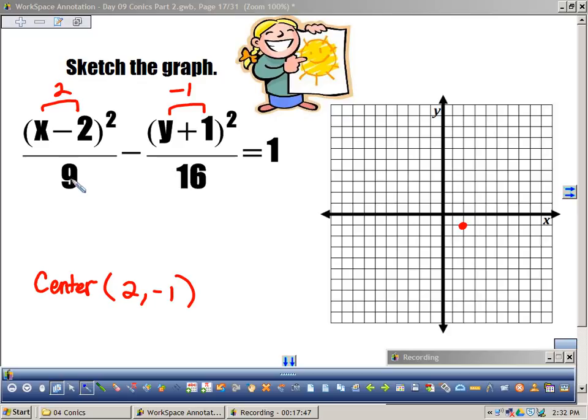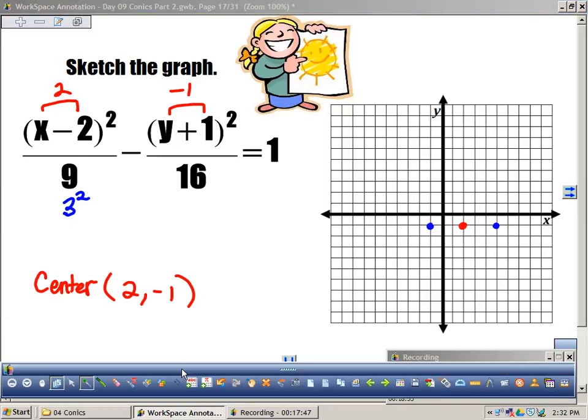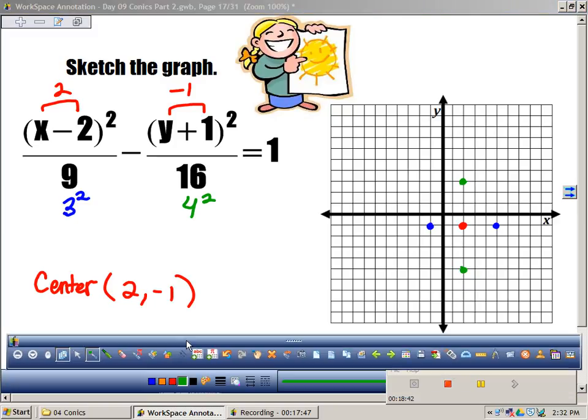We started with blue with the x's. Okay, so if this is my horizontal change squared, then it would be 3 squared, which means I go out 3, 1, 2, 3, and out 3, 1, 2, 3. And this one would be 4 squared. So I'm going to go up 4 and down 4. 1, 2, 3, 4. 1, 2, 3, 4.